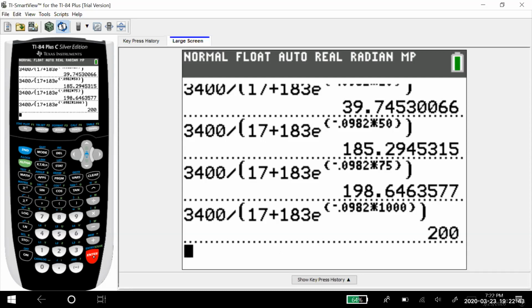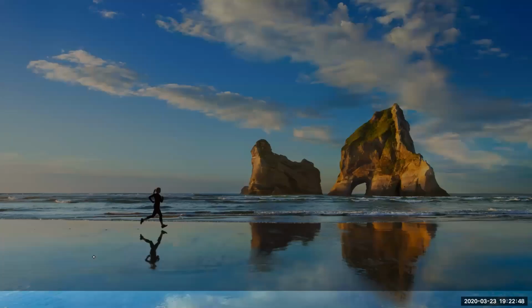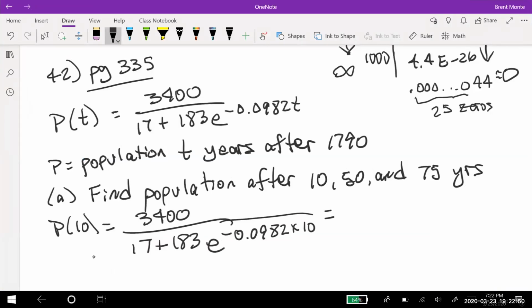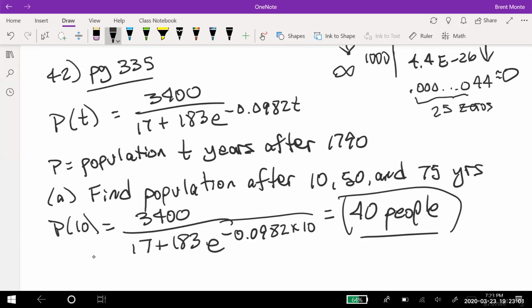All right, so let's go back to the problem. So I did this first one, and I got, what did I get? 40 people. So after 10 years, they had 40 people.